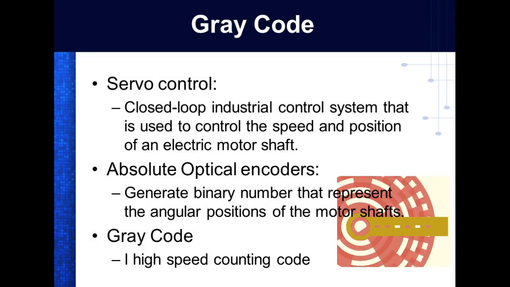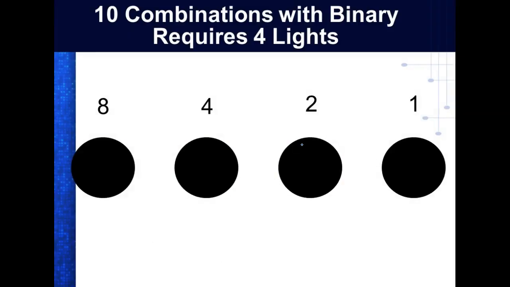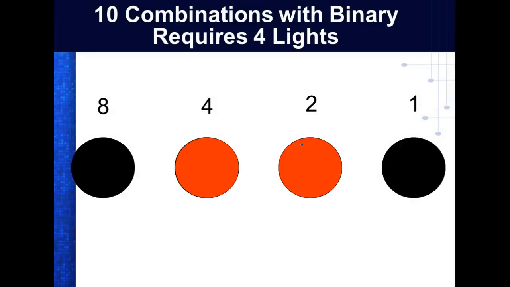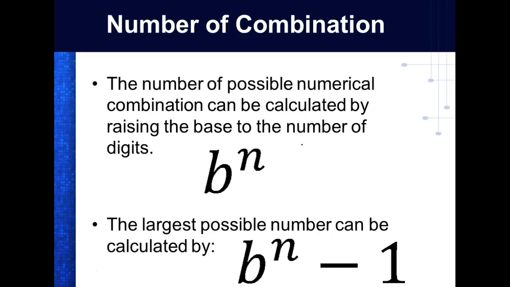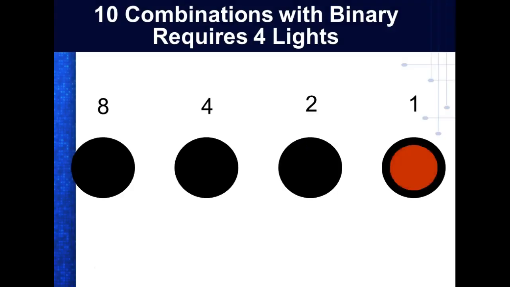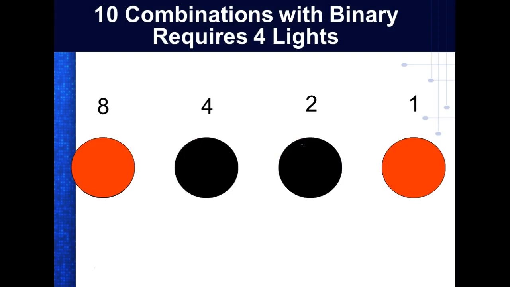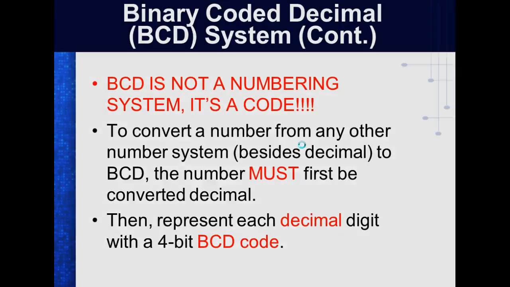Gray code. The problem we have with binary, I'll show y'all this. So if I was going to count in binary, how would the count go?